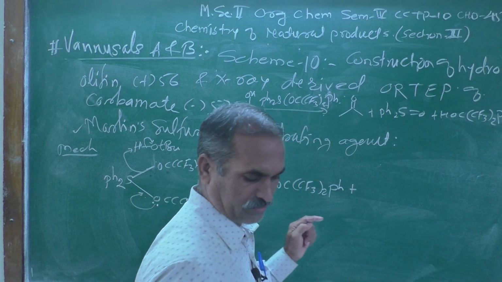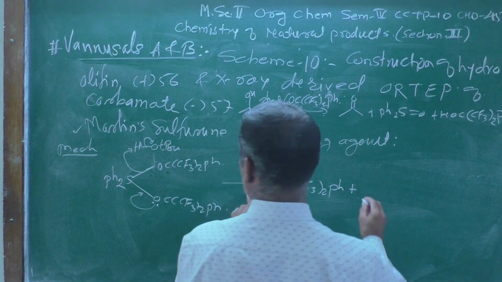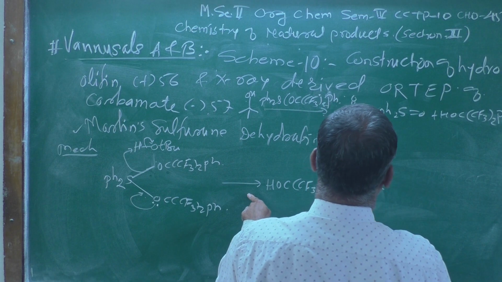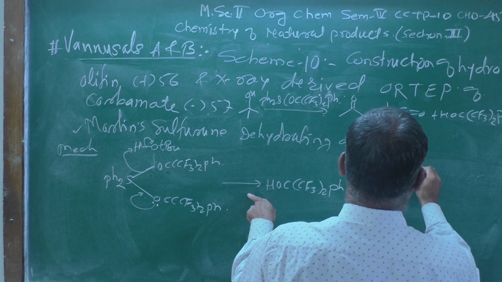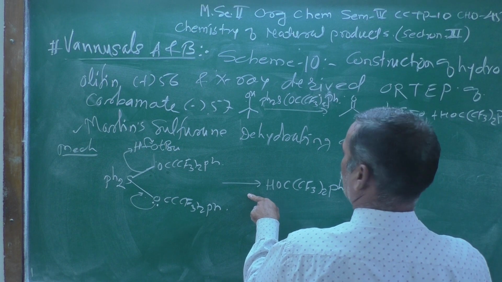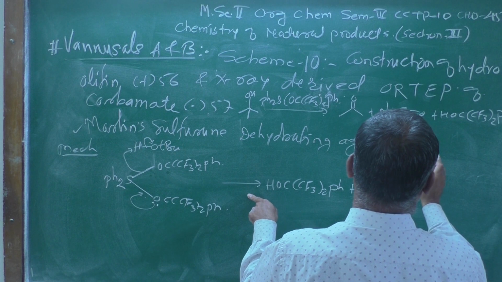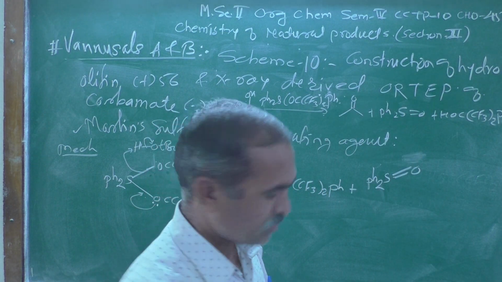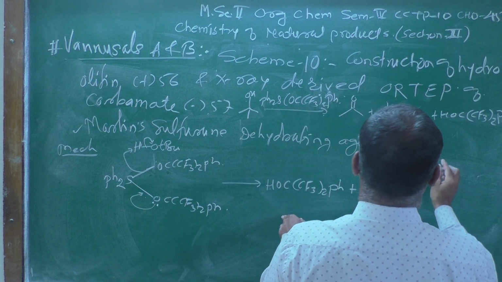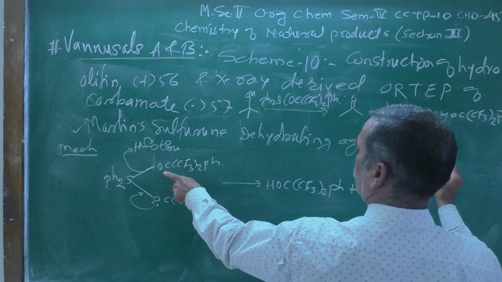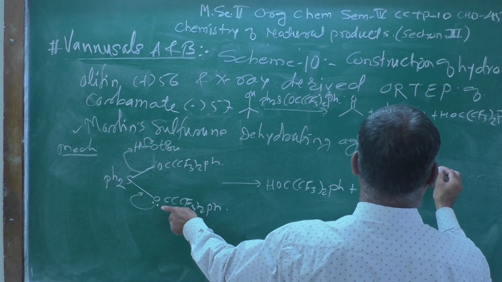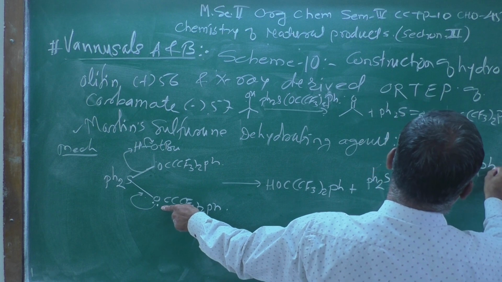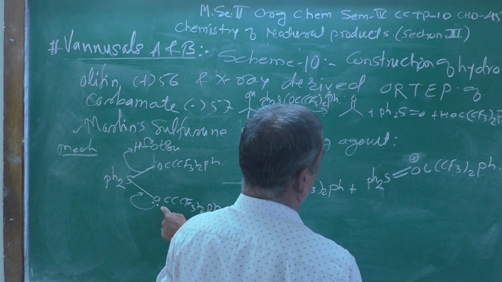plus we can write here Ph2S, yes, double bond O, the positive charge comes over here, not over here, then C, a double bond C, then (CF3)2Ph, right.